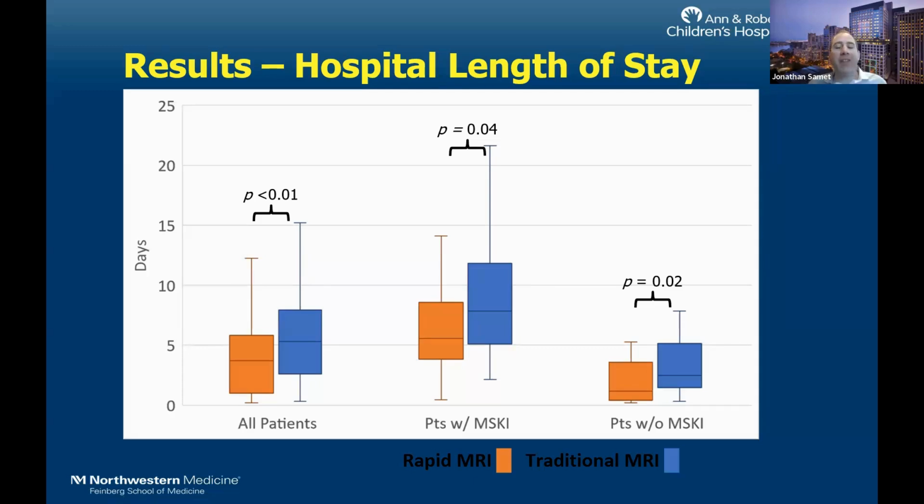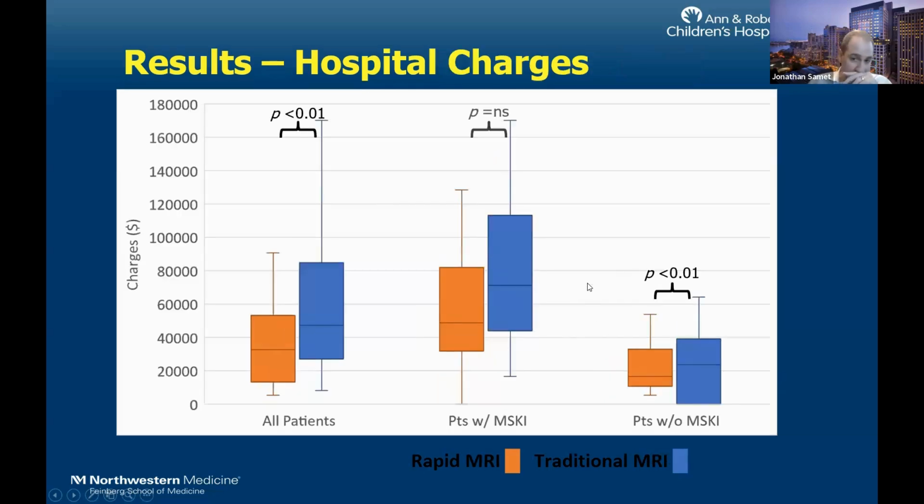The ones that truly have an infection are going to have to be in the hospital anyways. You have a treatment. But the real power in this is to send the people home that don't really need to be there. And that showed actually a big reduction. And the hospital charges were less, right? So it wasn't really different between the ones that had infection, because again, you're going to need the treatment, you're going to need the procedures. But if you didn't have infection, you actually were lower.